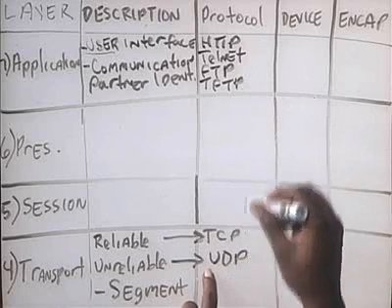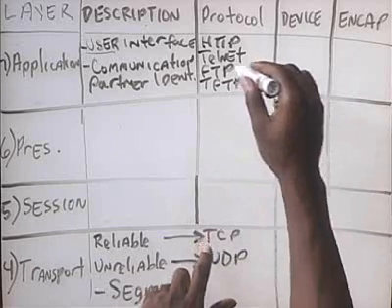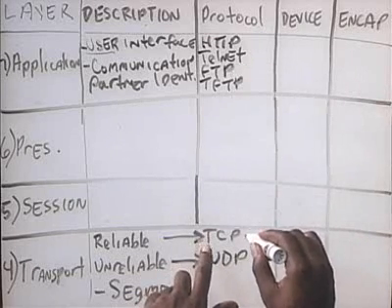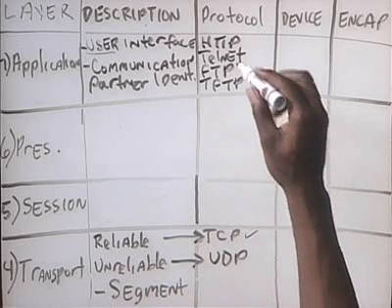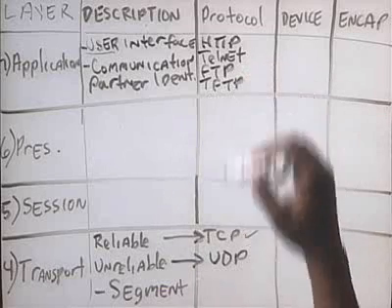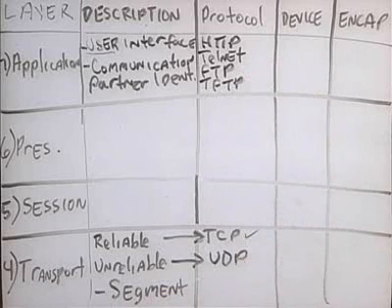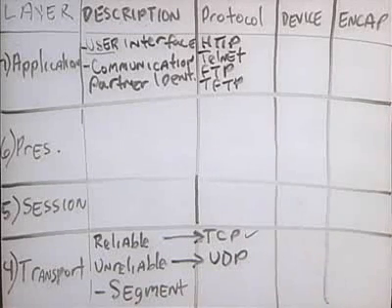In other words, this application won't use acknowledgments, whereas FTP relies on acknowledgments that are available through the TCP protocol. So FTP uses TCP and TFTP uses User Datagram Protocol, UDP. Those are a few examples of protocols that you might have there.